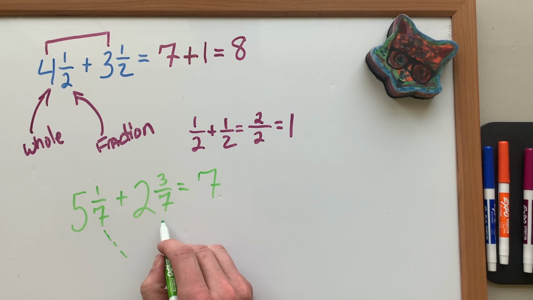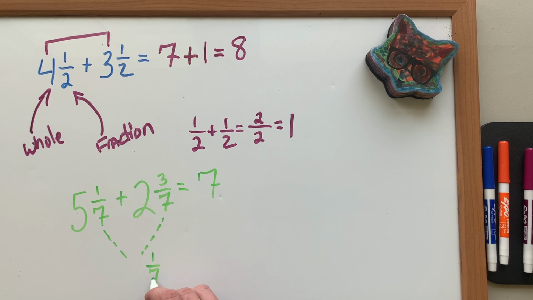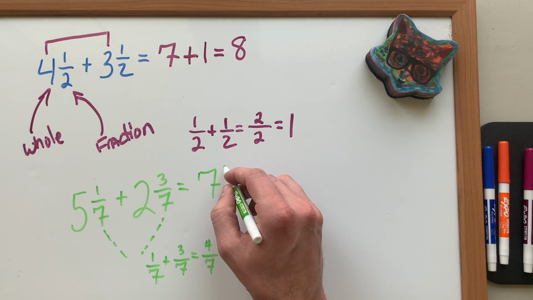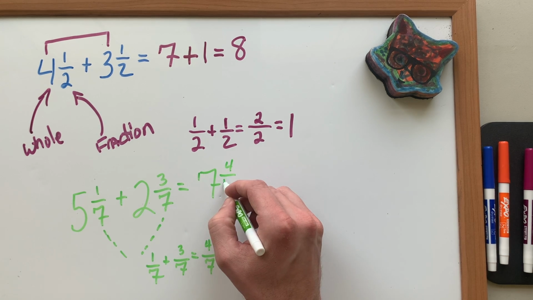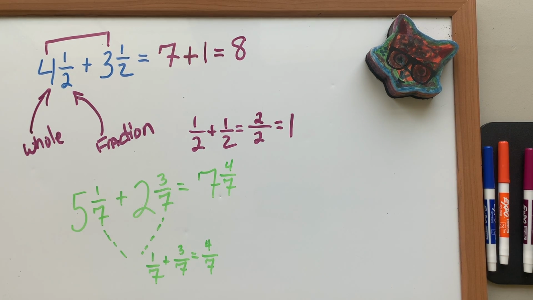Then I'm going to take the fraction parts and add them together. 1 over 7 plus 3 over 7 is equal to 4 over 7, because when I have the same common denominator, we keep the denominator and we add the numerators together. So my final answer here is 7 and 4/7.